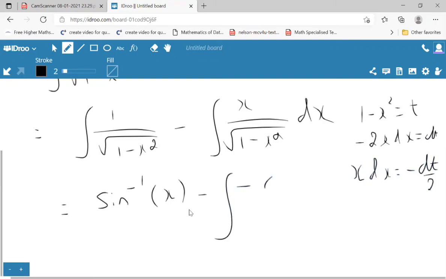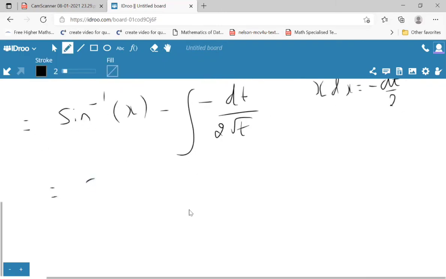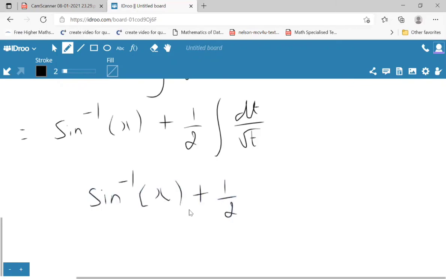So that will give you minus dt by 2 root t, or this is equal to sine inverse of x, minus of minus is now going to become plus 1 by 2 integration of dt by root t.